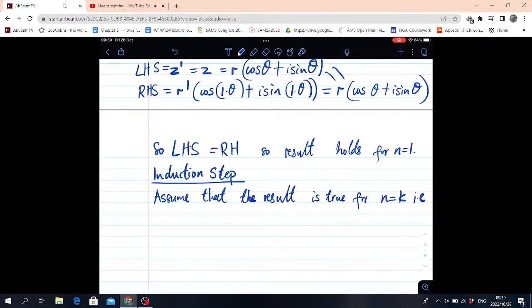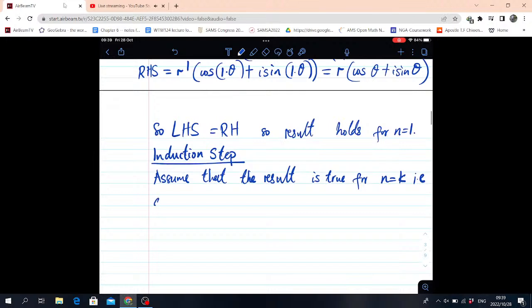But what does that mean? That means that we are saying assume that z to the k is equal to r to the k cos k theta plus i sine k theta, like that, for some k, right?